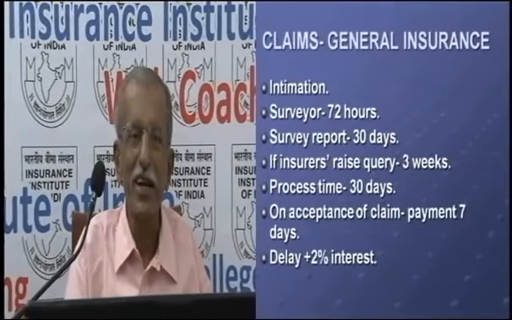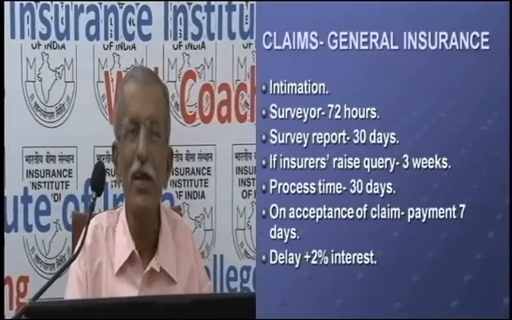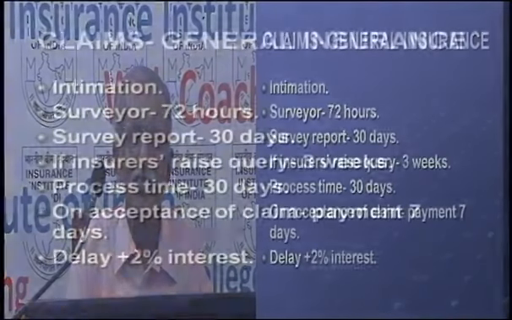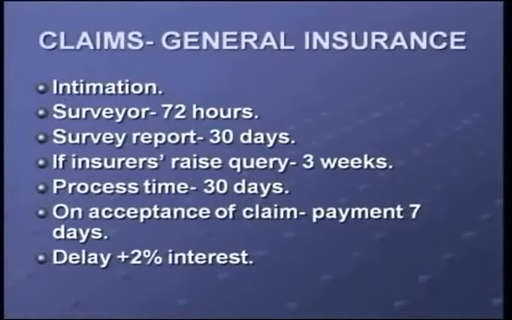Claim settlement for general insurance: there should be intimation of the claim to the insurance company, and if a survey is required, then a surveyor should be appointed within 72 hours. Generally for property insurance, a survey is required. So the insurance company should appoint a surveyor within 72 hours.